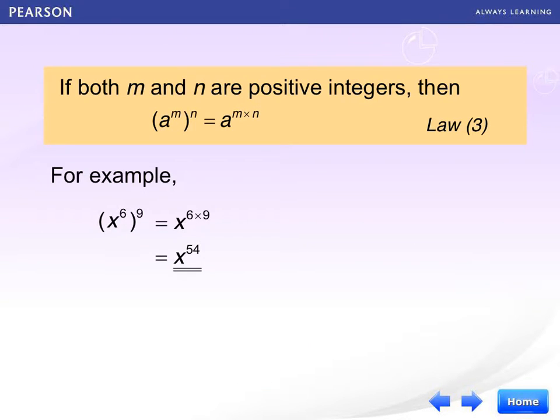For example, x to power 6 and then to power 9: there is only one base, first take power 6 and then power 9. From the index law, you just take the product of the indices. As a result, it is x to power 54.